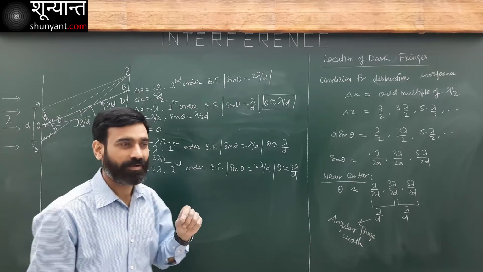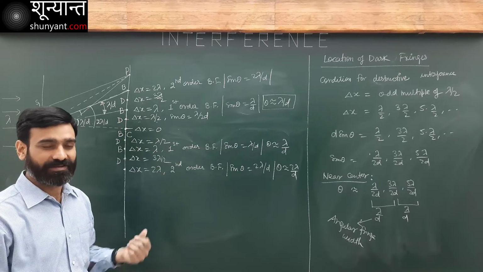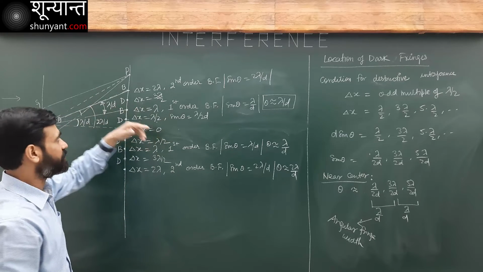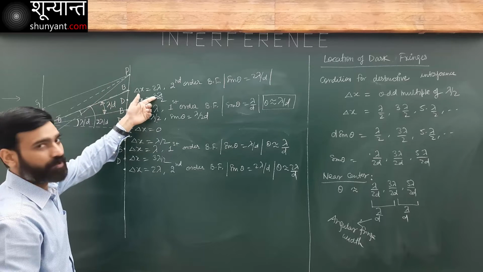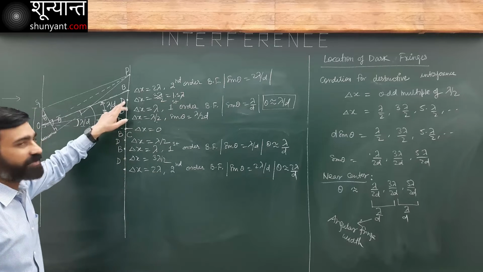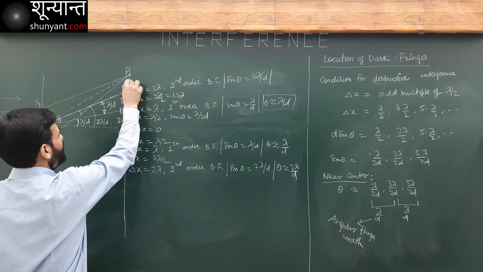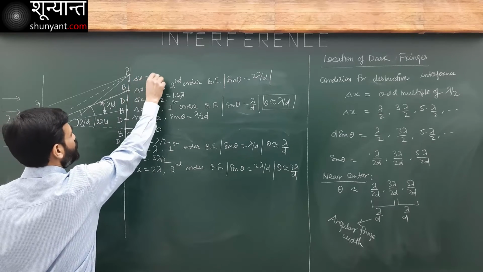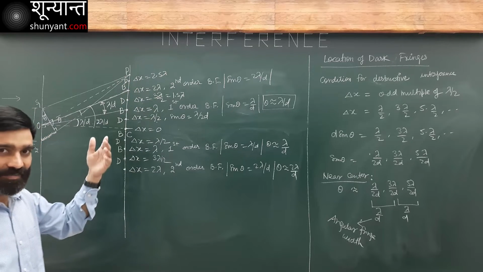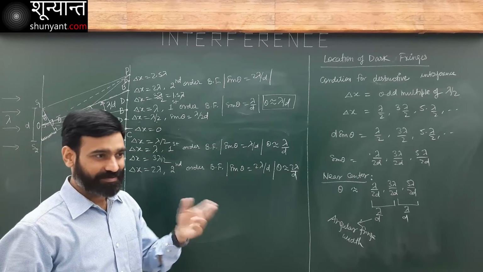At some position, it becomes lambda by 2: destructive interference, dark fringe. I keep going. It becomes lambda, bright fringe. 3 lambda by 2, that means 1.5 lambda, dark fringe. 2 lambda, bright fringe. Then 2.5 lambda, again a dark fringe. Similarly, the same thing is repeated when I start coming down: bright fringe, dark fringe, bright fringe, dark fringe.